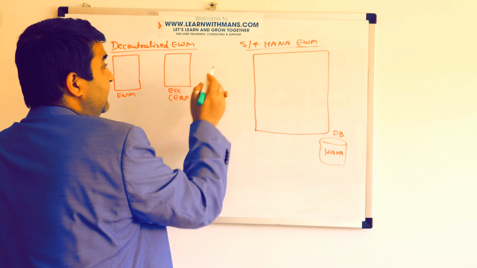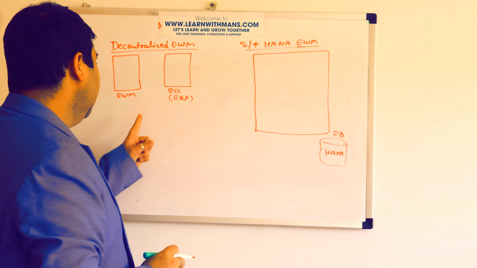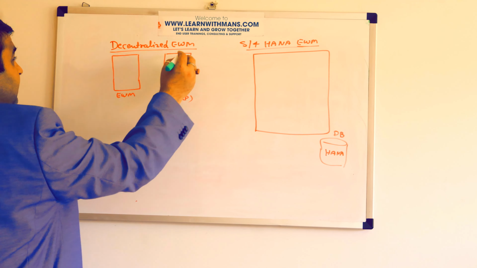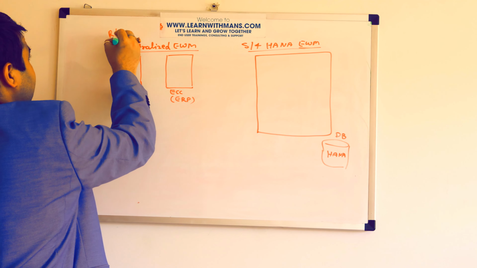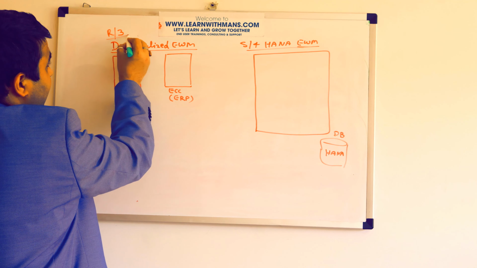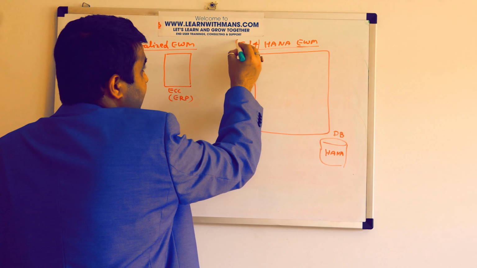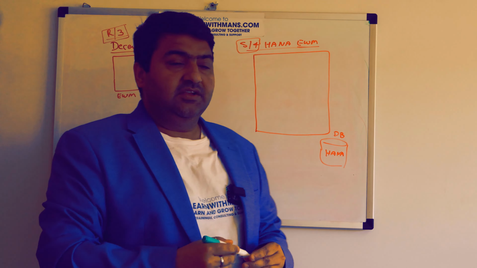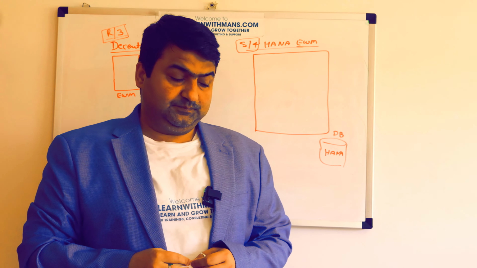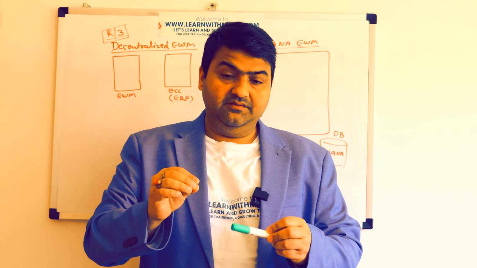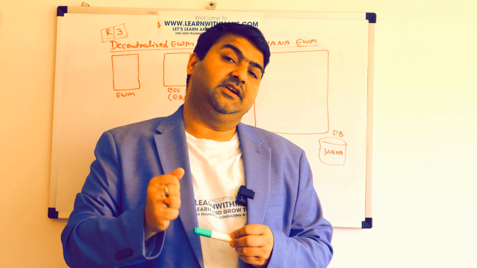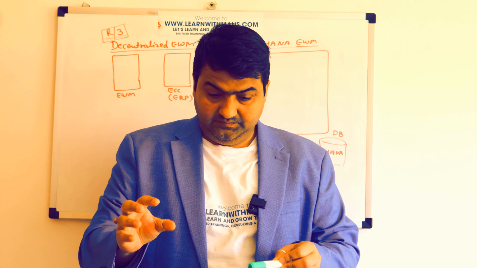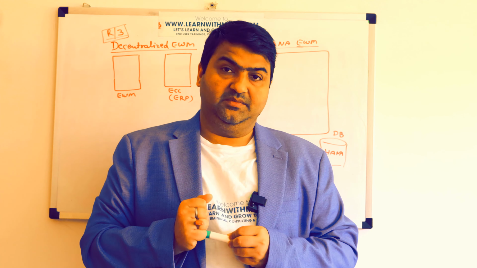Decentralized EWM means R3 architecture. R3 and S4 are both architectures. For an example, we will create an inbound delivery in the EWM system.